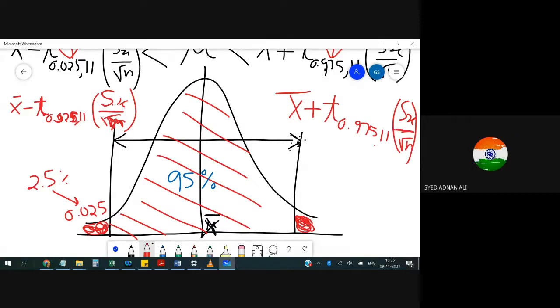What is 11 here? 11 is the degrees of freedom, which is n minus 1, since n is given as 12 in the question.